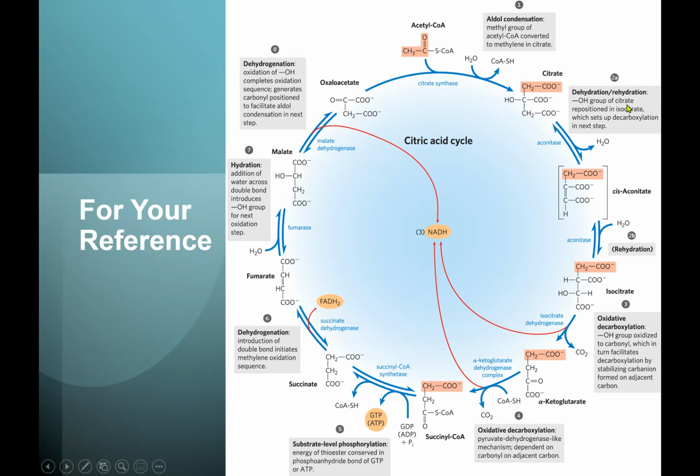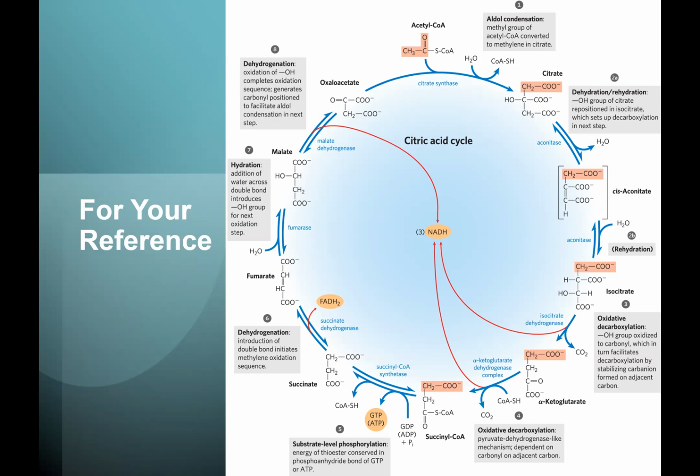So we're moving the OH group, we're repositioning it, and it helps us get to this isocitrate form. So sometimes in the citric acid cycle, you'll sort of just gloss over the aconitase step, and you'll really consider the progression from citrate to isocitrate. That's more of interest.